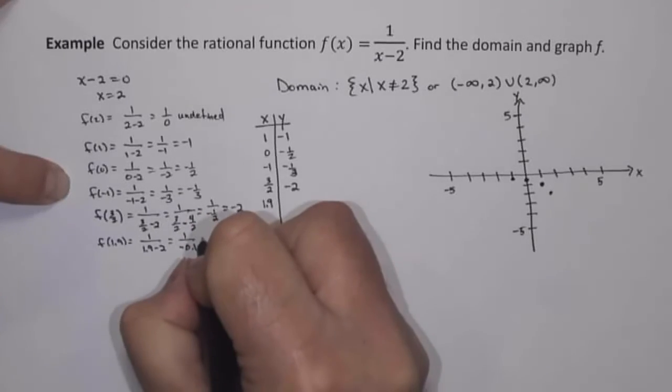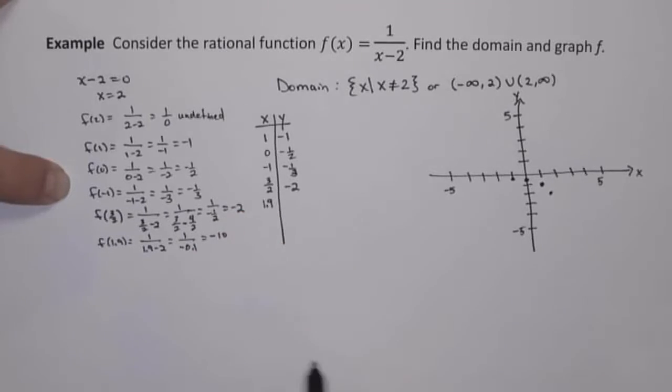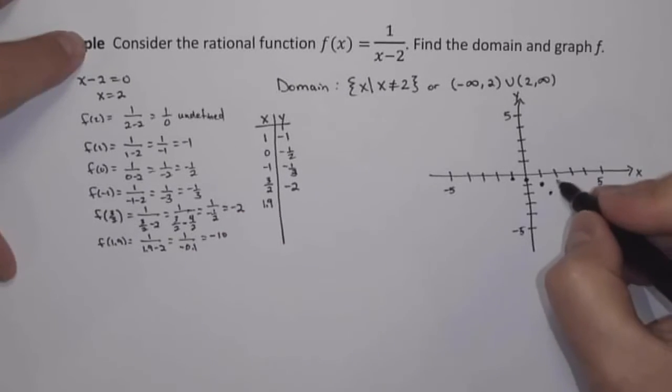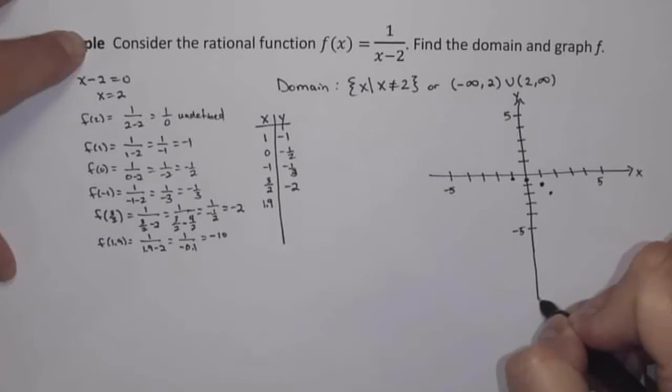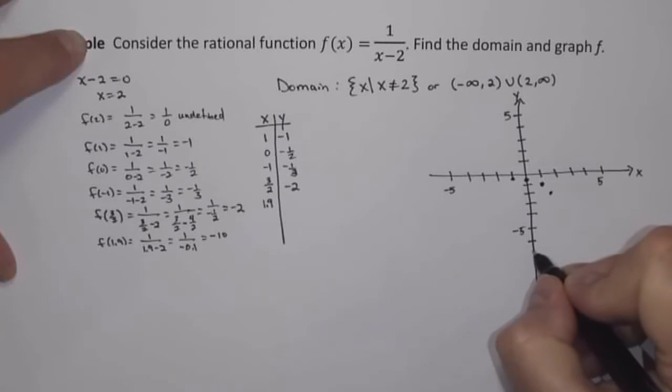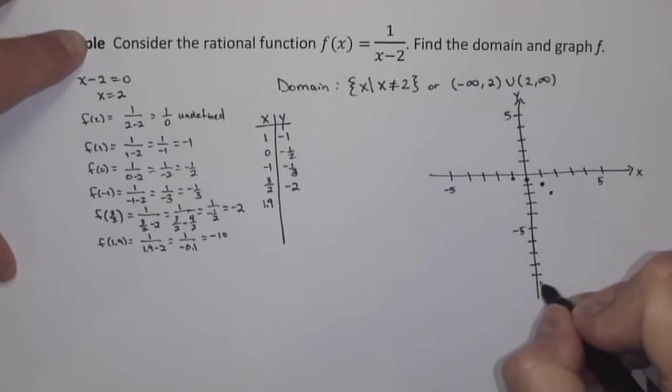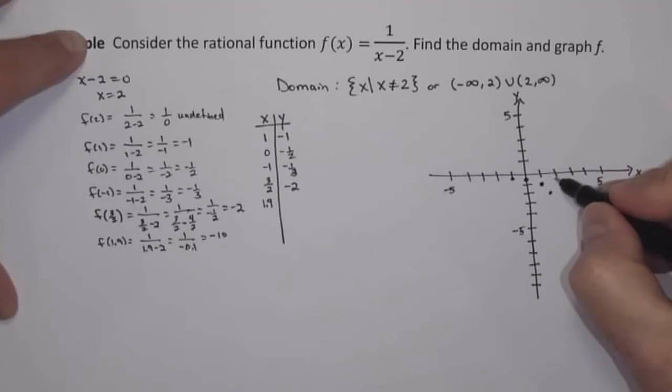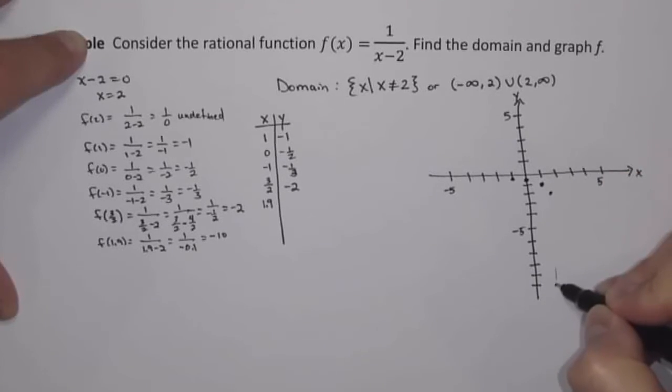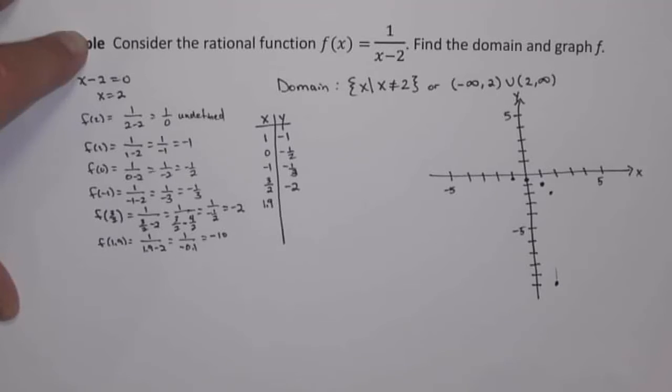And 1 divided by negative 0.1 would be negative 10. So as I get close to 2, here would be negative 6, negative 7, negative 8, negative 9, negative 10. As I get close to 2, this value becomes a bigger negative value.